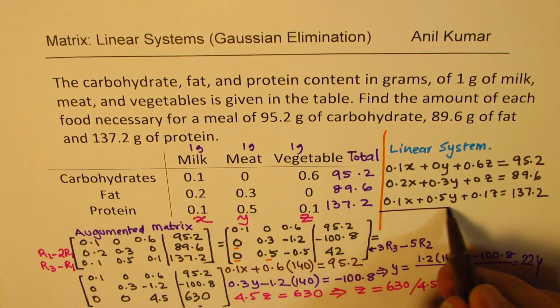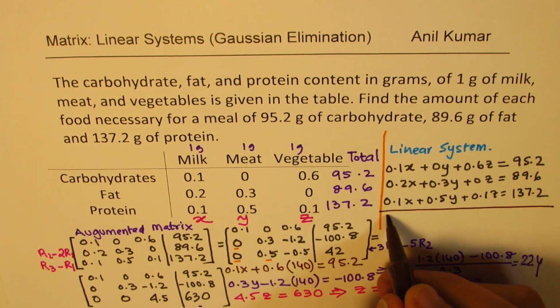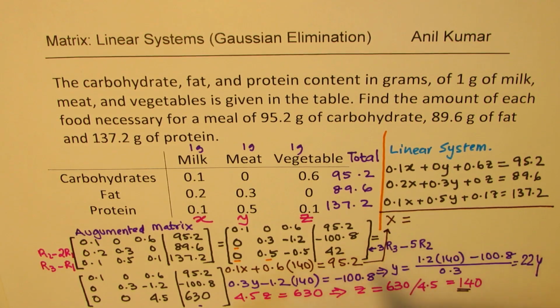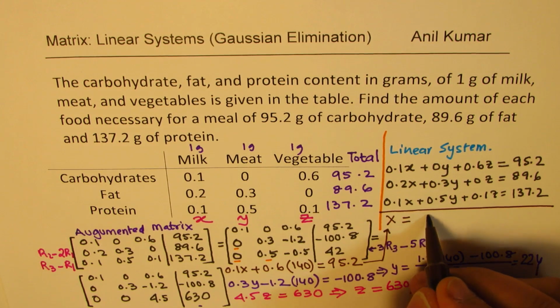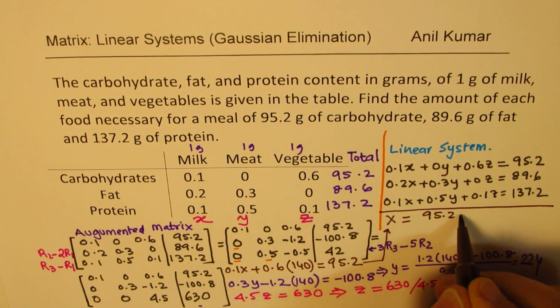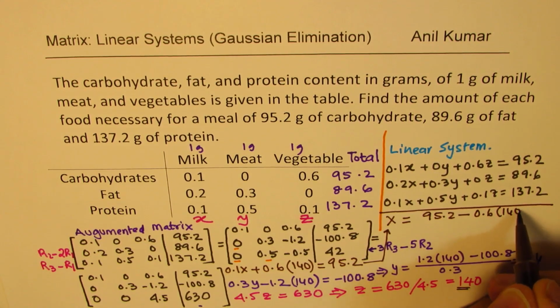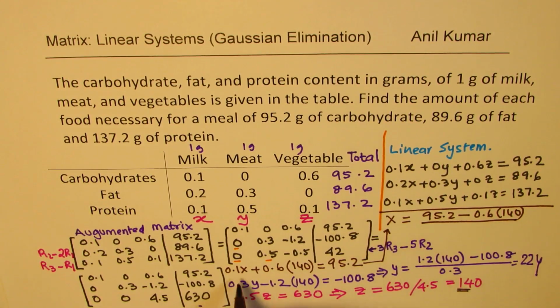So let me use this space to get the x value. So the x value is, so I'm just jumping all this to this place. 95.2 take away 0.6 times 140 divided by 0.1. Clear?